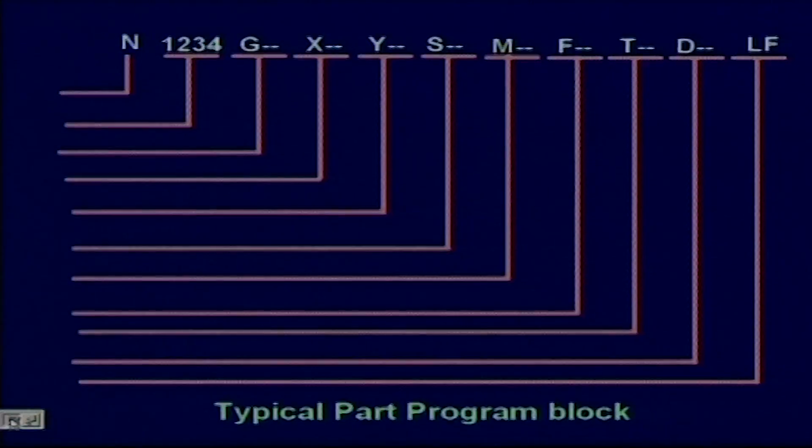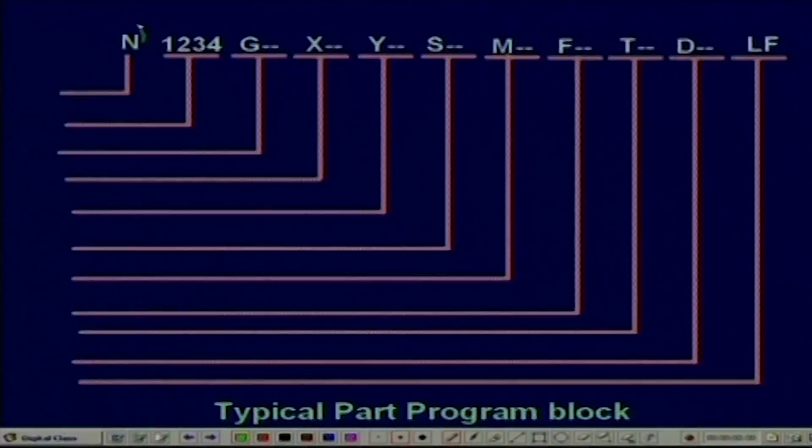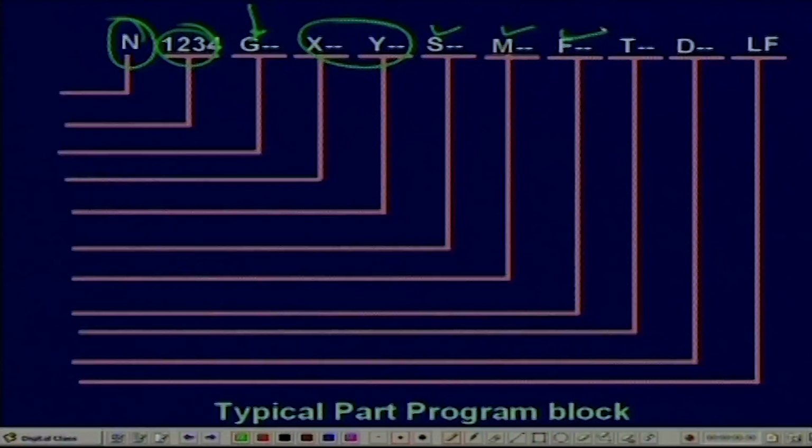So, typically a block is defined like this: this is the number, then there is a G command, then there are some XY commands which are position coordinates.